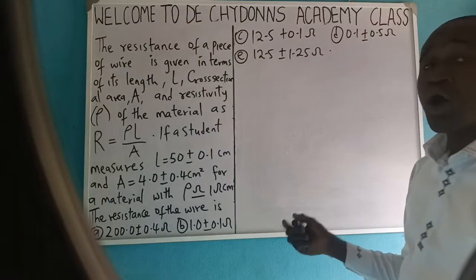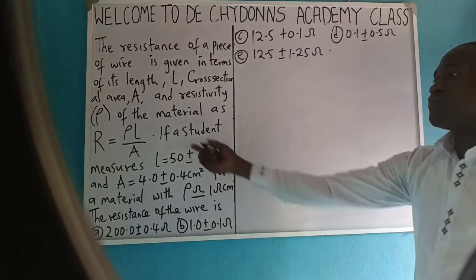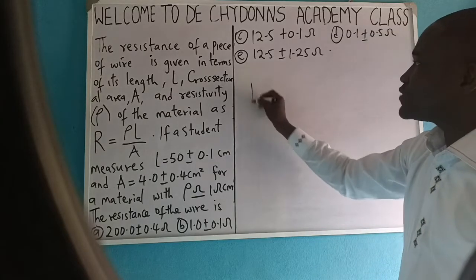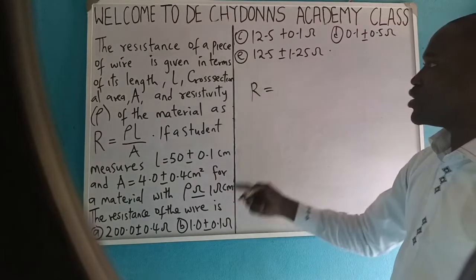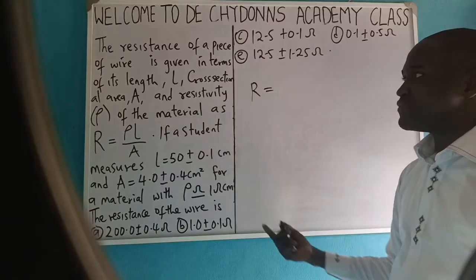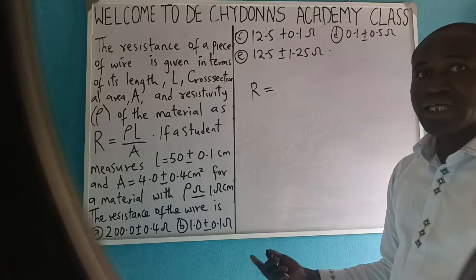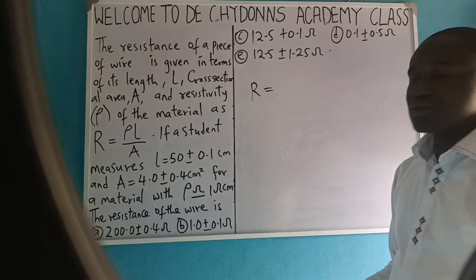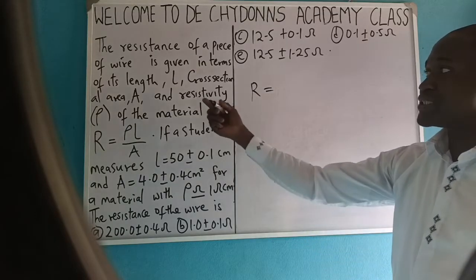And they give us options. They have given you the formula. First of all, use this formula because the question is coming from resistivity, the resistance of a material. Still on the topic of resistivity.